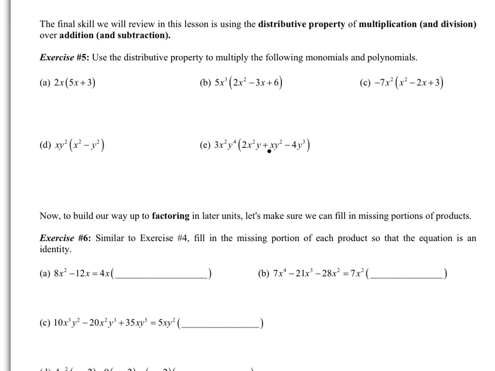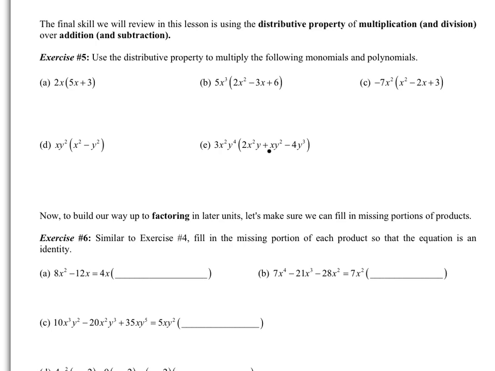Okay, let's go back to multiplying, but the difference in these examples in exercise 5 is that we're multiplying not a monomial by a monomial. Monomial means one term. A term is a coefficient multiplied by a variable or variables. So this is a term, this is a term, this is a term, also known as a monomial, a monomial, a monomial.